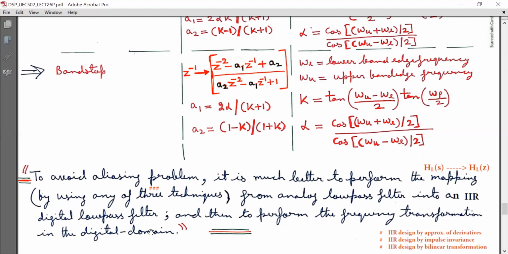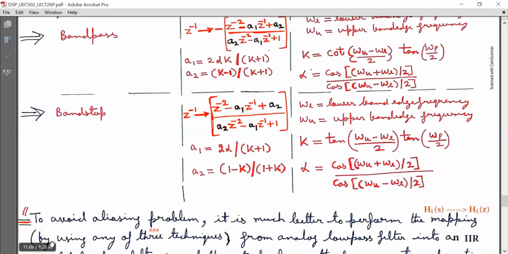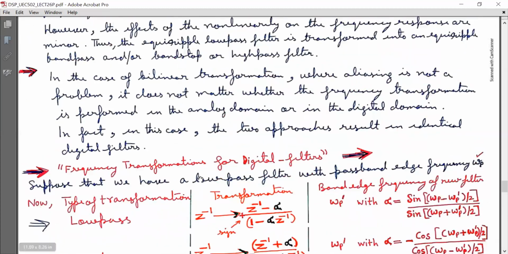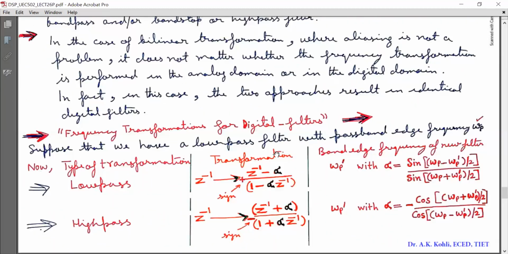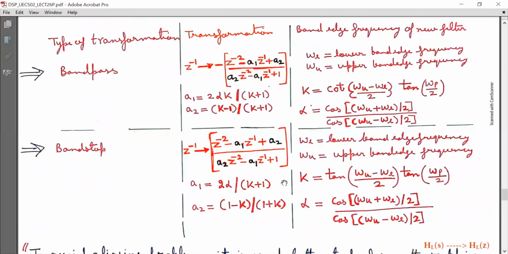You will first transform analog low pass filter into an IIR digital low pass filter, and then you can transform that IIR low pass digital filter into other types of digital filters by using frequency transformation for digital filters as per this table. So this is a much easier technique.